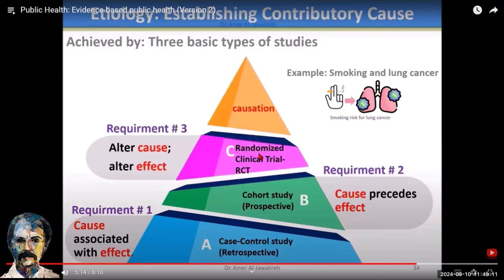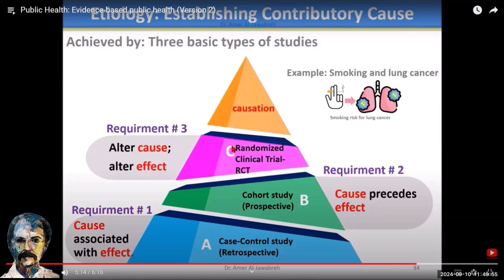So in order to establish this, then you reach causation. By the time you reach causation, decades have elapsed, millions have been paid. Maybe scientists have come and gone, because one scientist cannot reach all the way here. And this is exactly what happened with smoking and lung cancer. And not only that, those companies whose products you are trying to prove are very bad, like Starbucks or McDonald's or KFC, and here tobacco companies, will not just stand still.